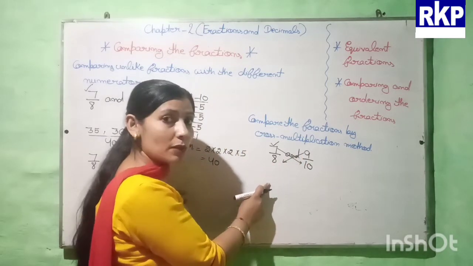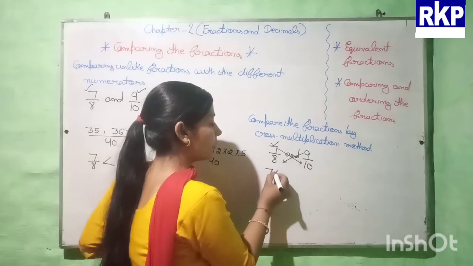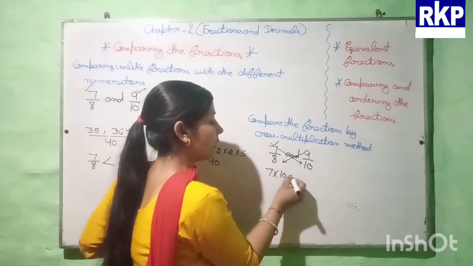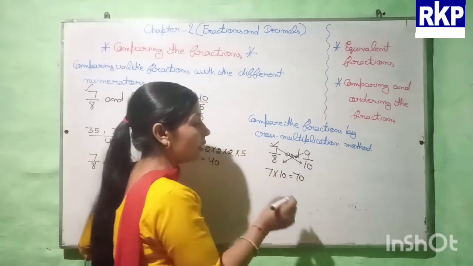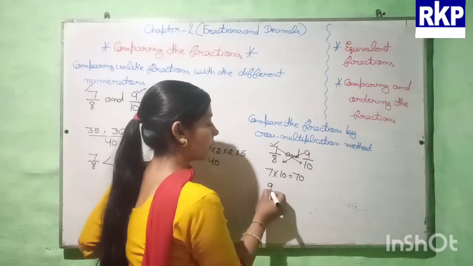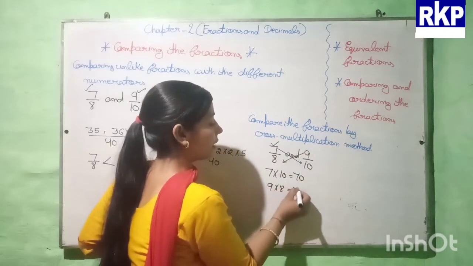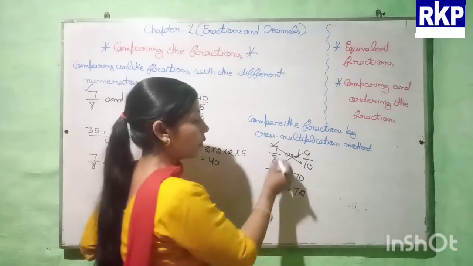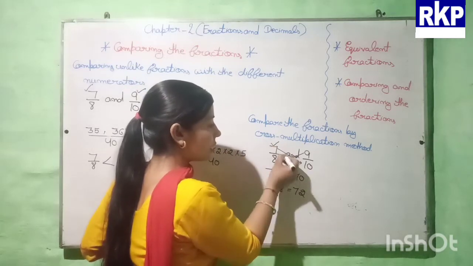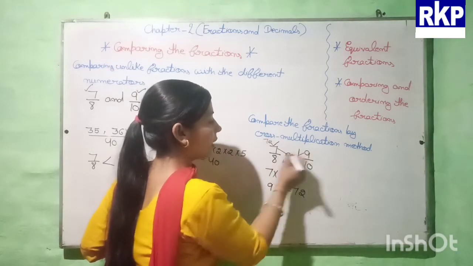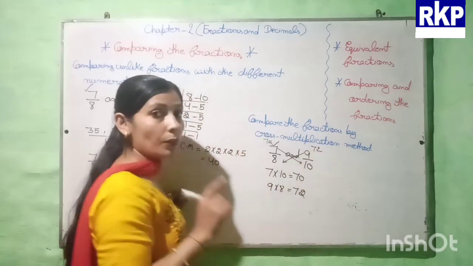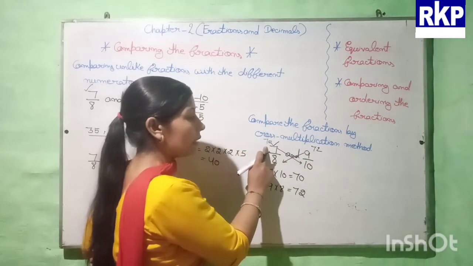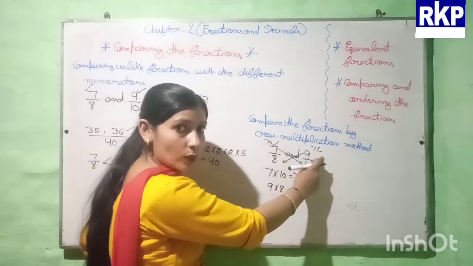Okay, so now let us multiply. This 7 we have to multiply with this 10. So 7 tens are 70, and this 9 with 8: 9 eights are 72. So here you can see 70 is smaller than 72.